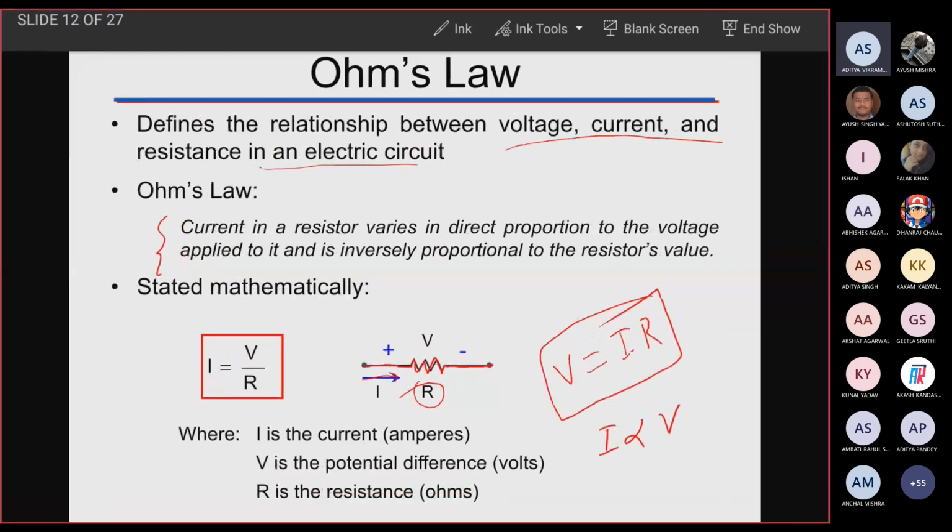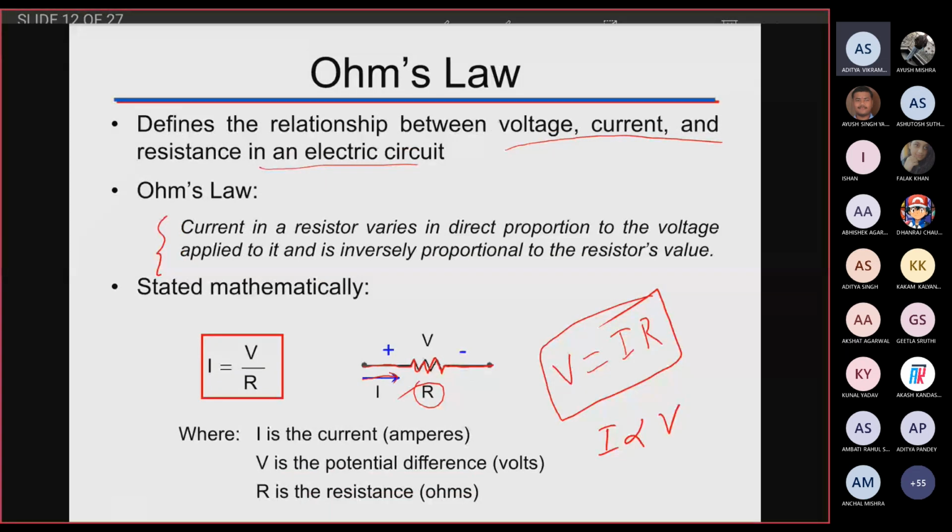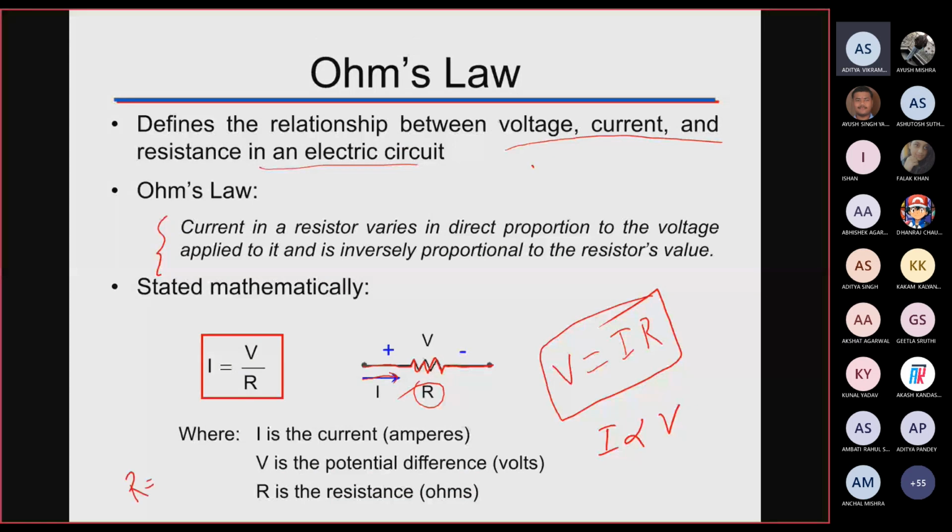So we were talking about this Ohm's law. So it can be defined as the current through any resistor is directly proportional to the voltage across that resistor, provided that the temperature is constant, right? Because you know that if the temperature will vary, then the value of resistance will also vary, because R is equal to R naught (1 plus alpha delta T).